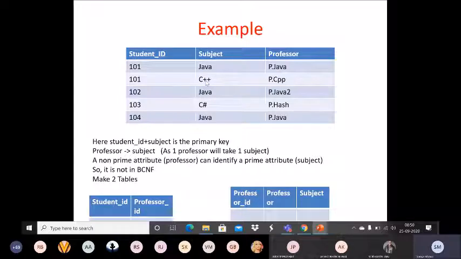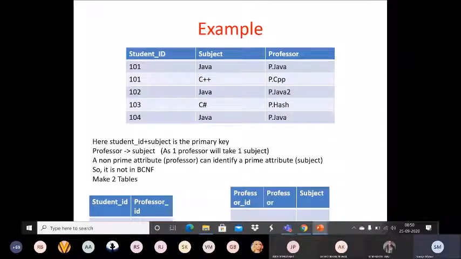Now with subject you can't uniquely identify a professor or a student, because the Java class taken by Professor Java is attended by 101 and 104. So with subject also you can't uniquely identify a whole tuple.